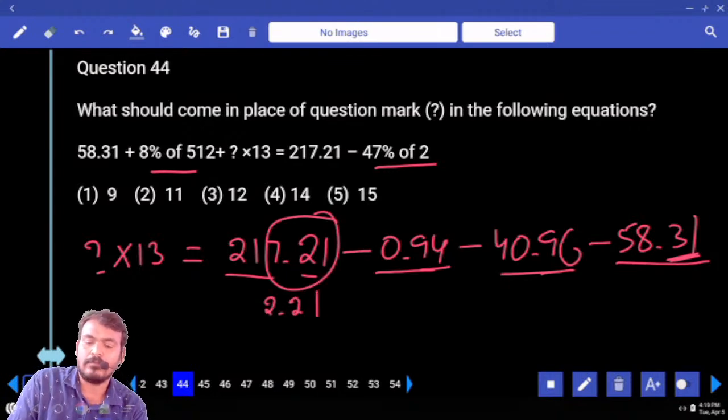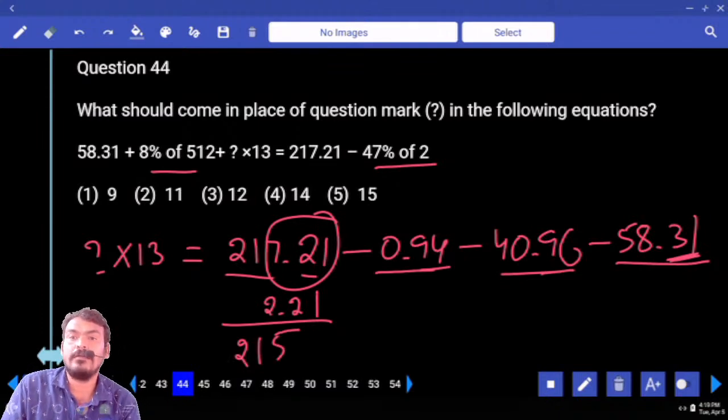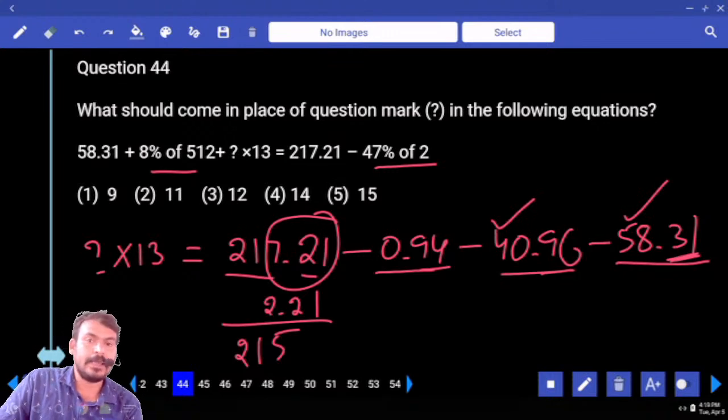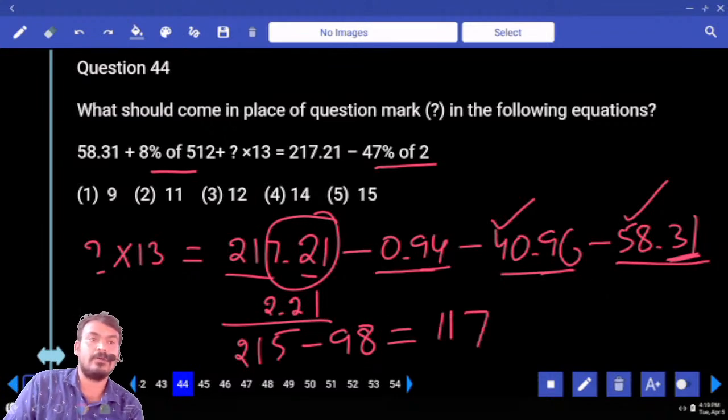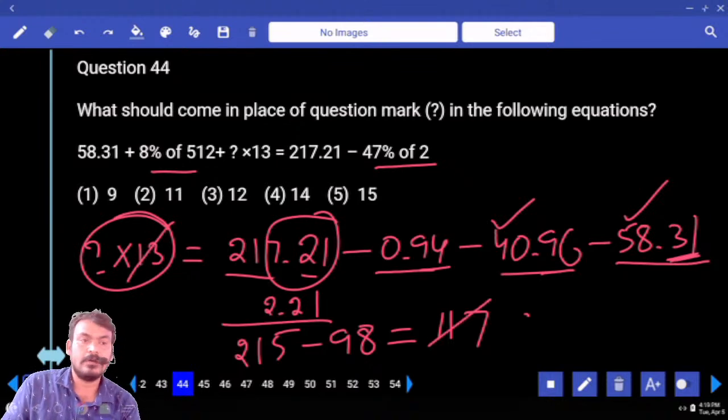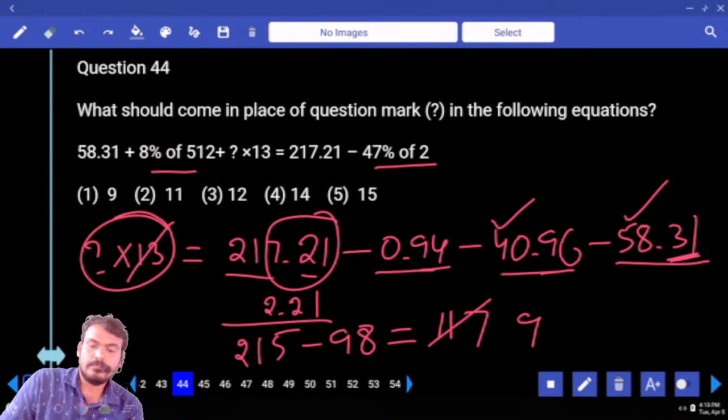What is the remaining value? 215, or not? 215 minus 40 minus 58. 98. 215 minus 98. 117. That 117 equals something into 13, or not? 13 almost how many times? 9 times, or not?